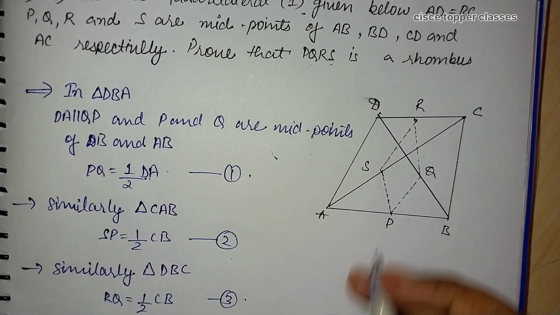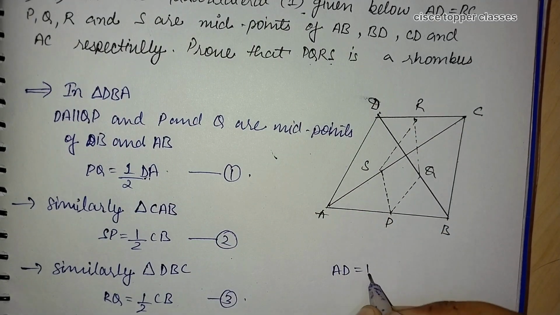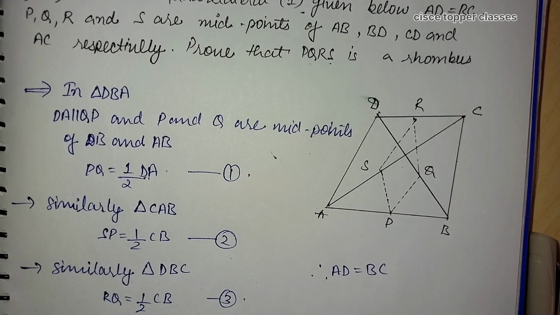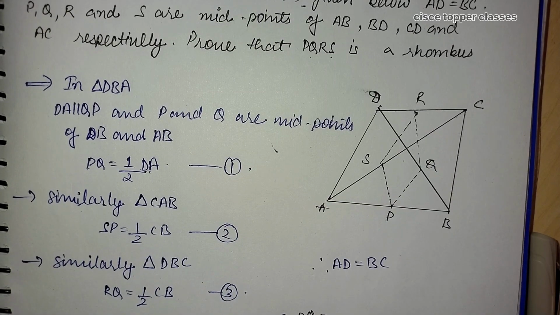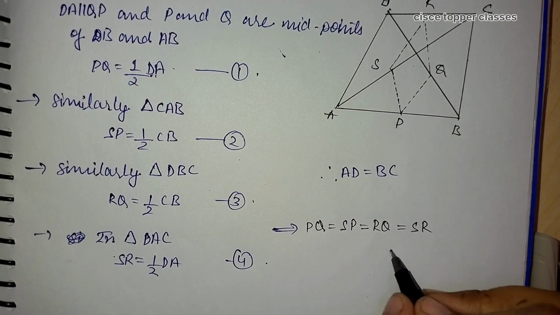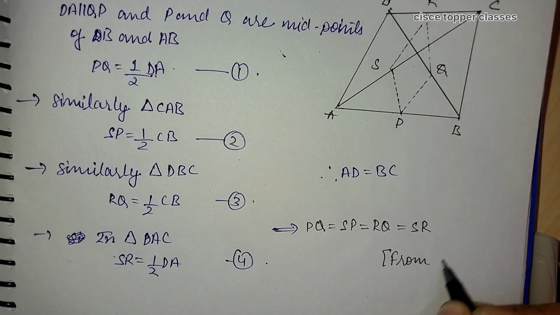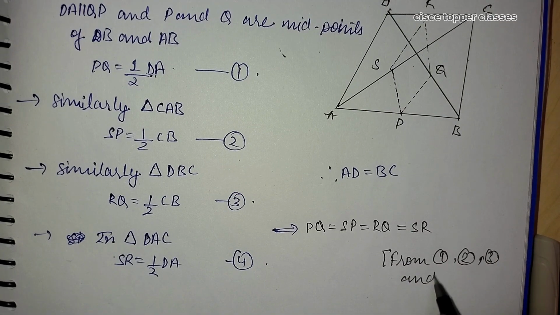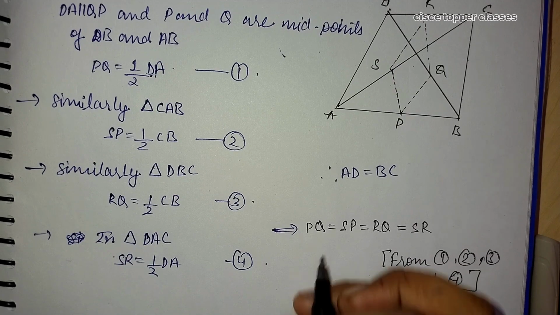As AD is equal to BC, we can write the conclusion as PQ is equal to SP is equal to RQ, and this is equal to SR, by applying equations 1, 2, 3 and 4.